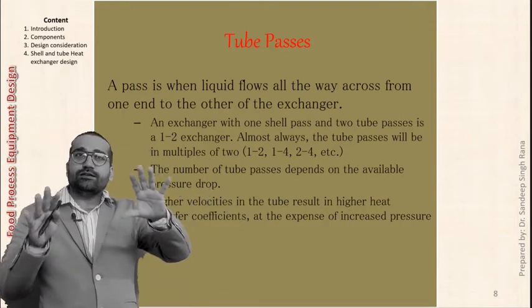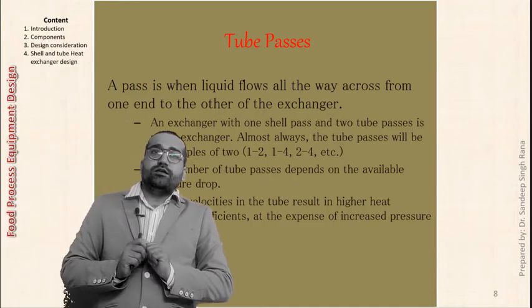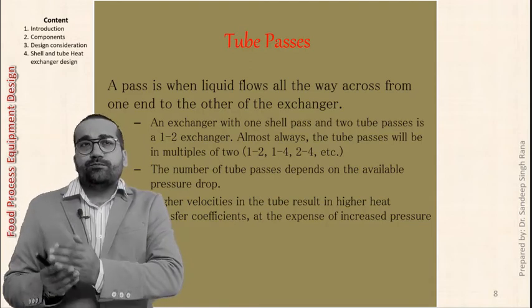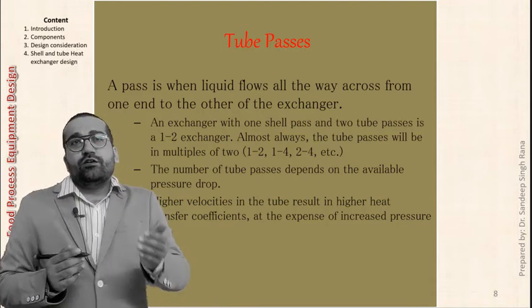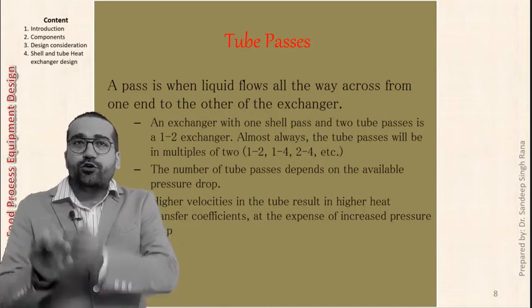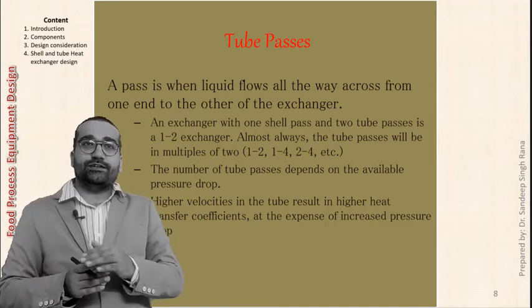When a flow comes from one end to the other end, that is a pass. So generally we talk about 1-2 type heat exchanger, 1-4, 2-4, or 1 pass, 2 pass, 4 pass type heat exchanger. So how do we classify it?